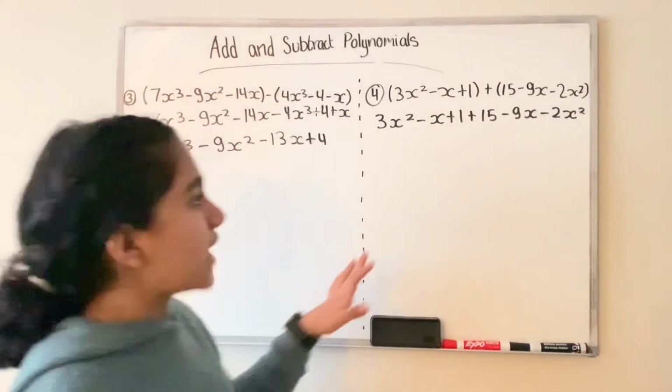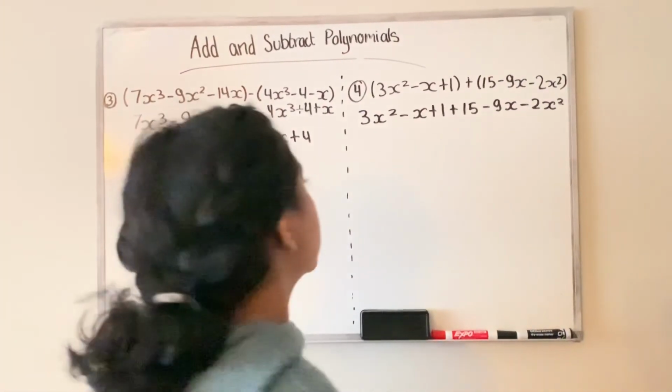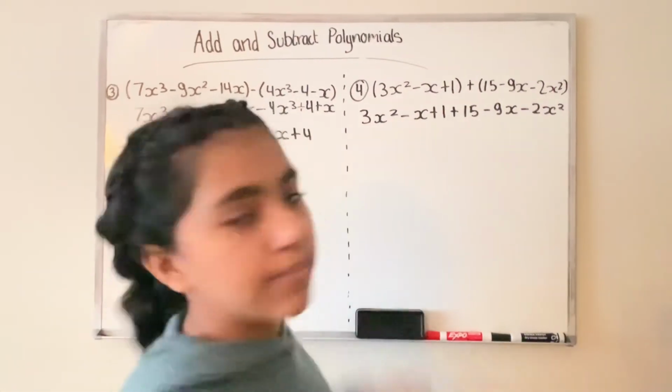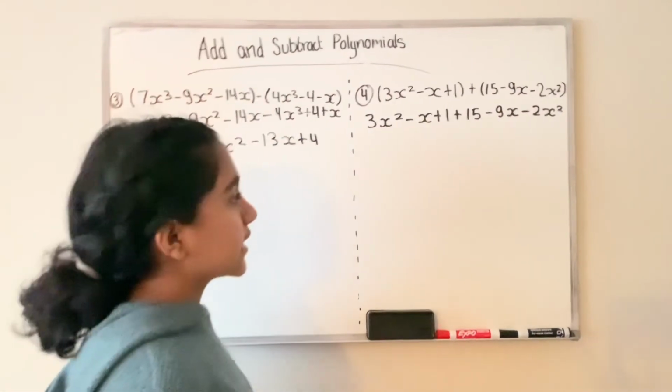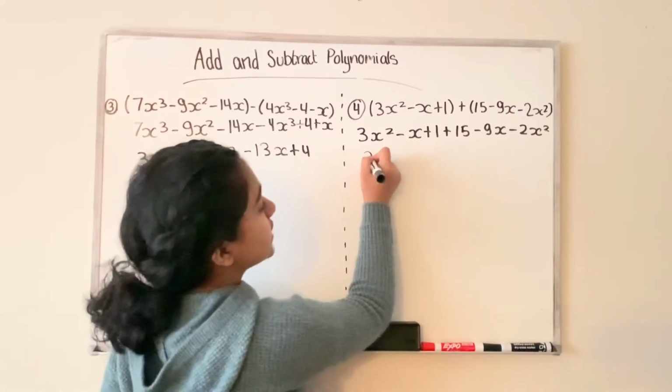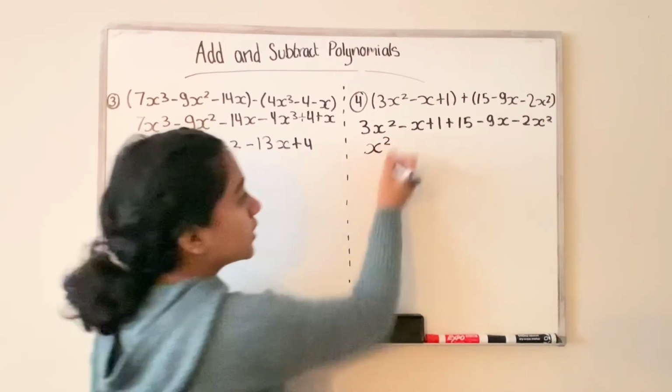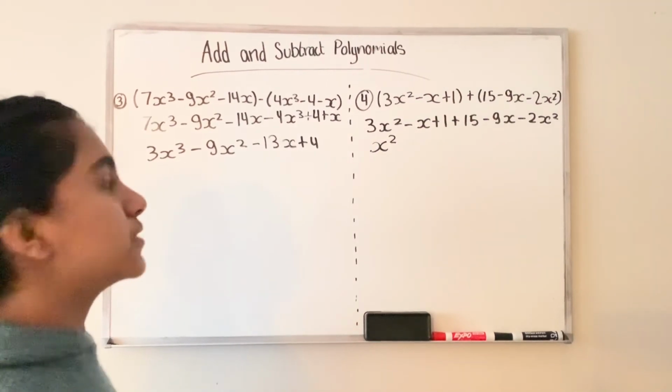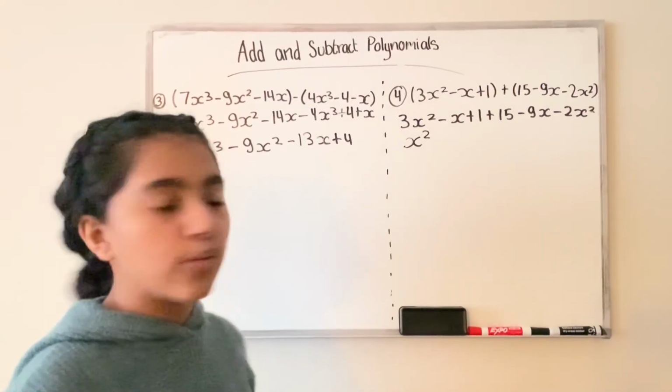So now let's just combine the ones that have an x to the second power. So 3x to the second power minus 2x to the second power would be x to the second power. It would be 1x to the second power, but that's the same thing as writing x to the second power.